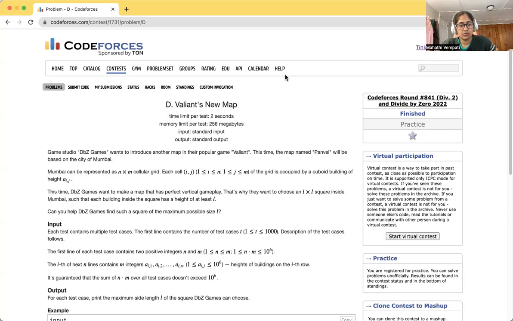This time DVC wants to make a map. Each building inside the square has at least height of. Okay, the question was easy to understand.